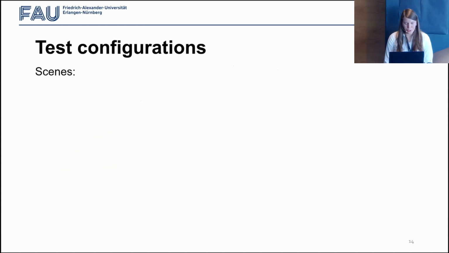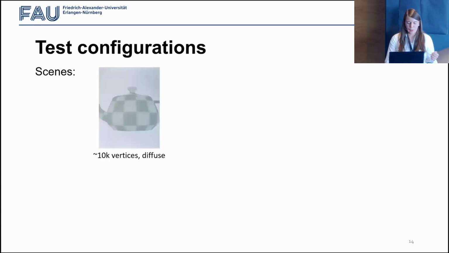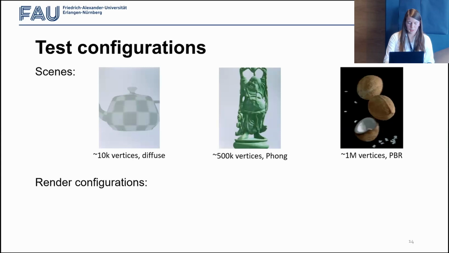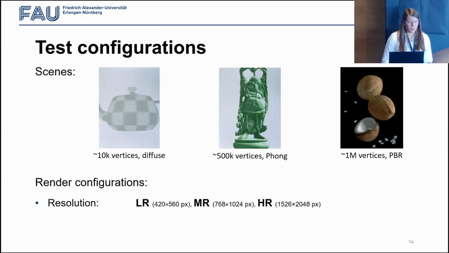Now, does this work? Or does it not work really well? In order to test this, we used 3 different scenes of varying complexity. We had the simple teapot scene, the Buddha scene, and the complex coconut scene. We also varied our render configurations. For the resolution of the individual views, we had 3 different configurations.